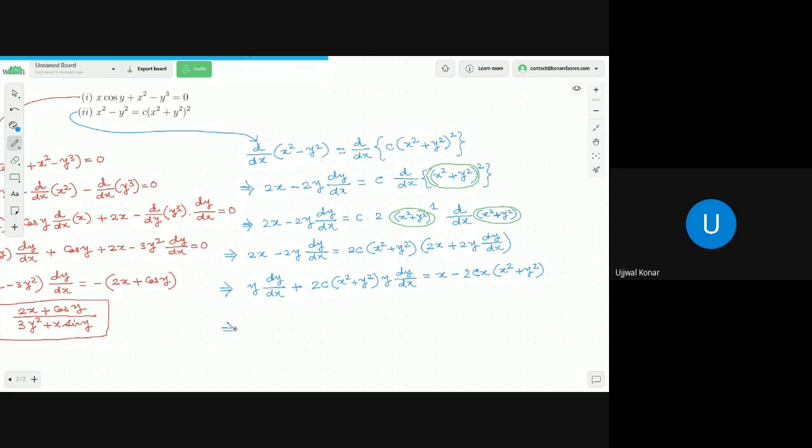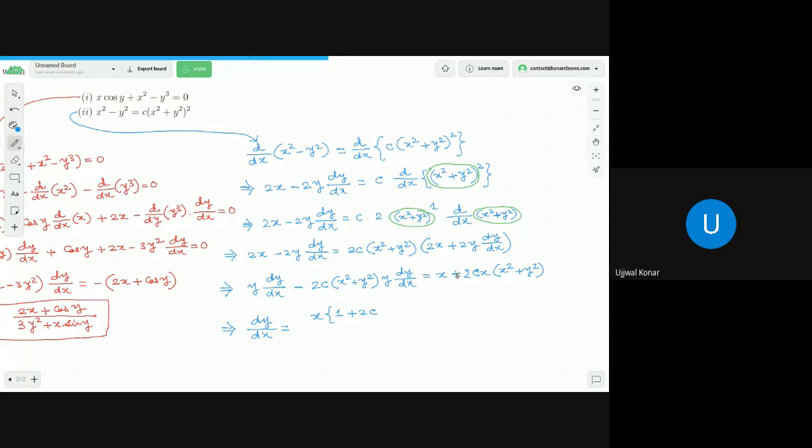So from here, what we get? dy/dx is equal to x into 1 plus 2c. Just a minute. I think for y dy/dx, it should be minus and it should be plus. I made a small mistake here. It should be minus. Correct or not? And it should be plus.